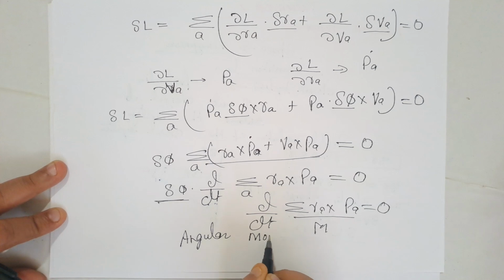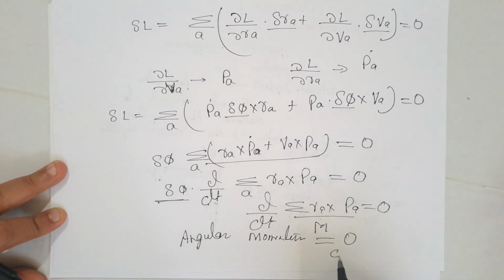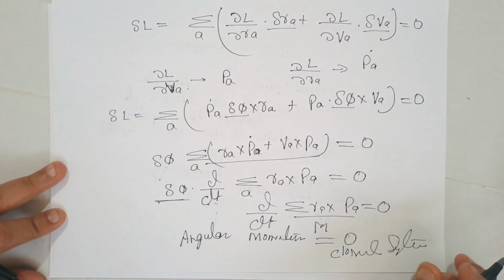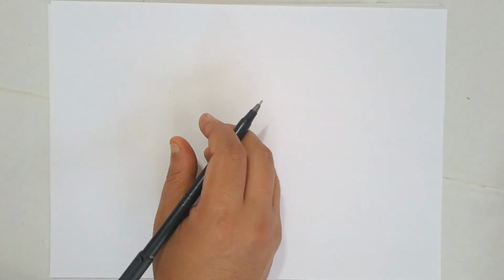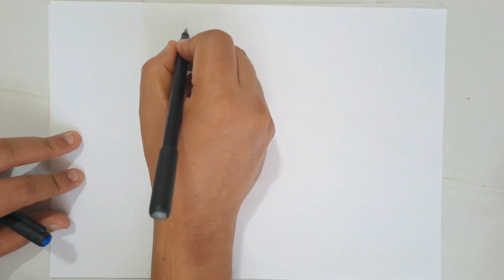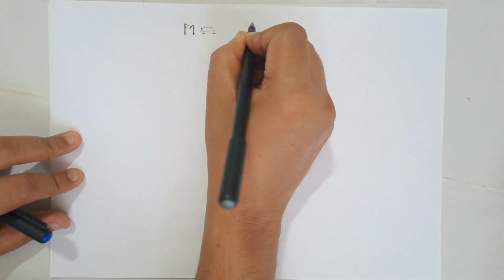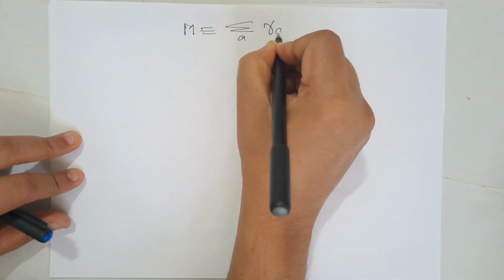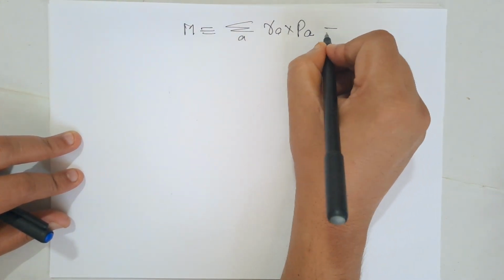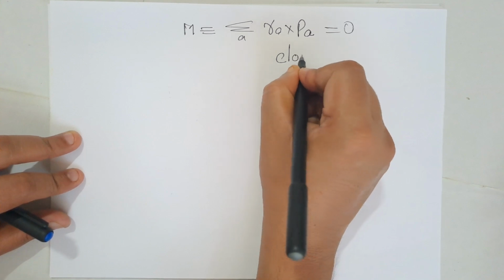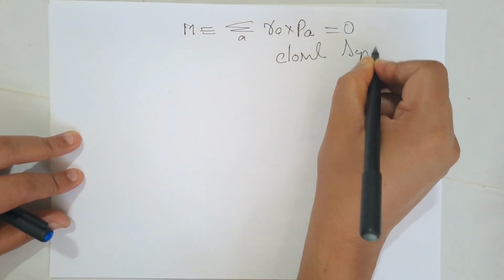Angular momentum is conserved for any closed system. M is the angular momentum, and it is conserved for any closed system.